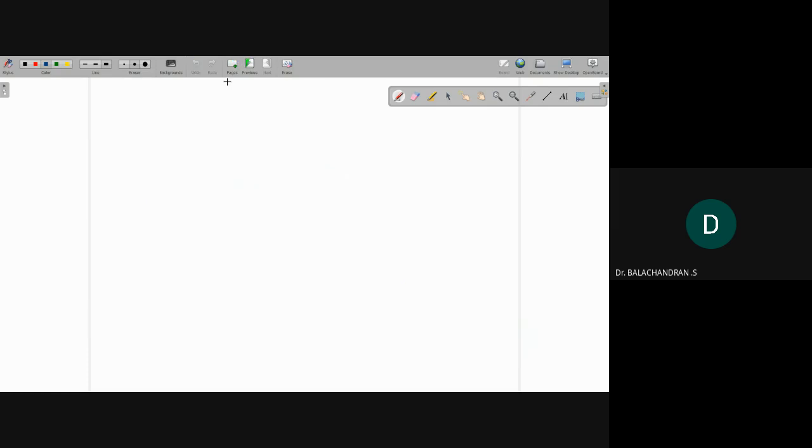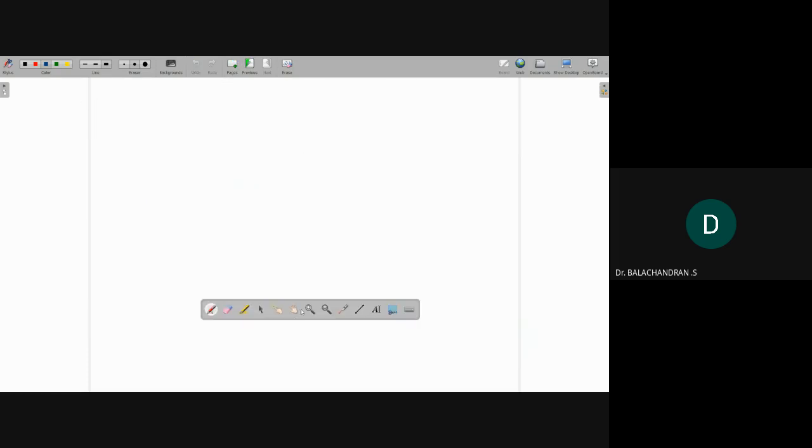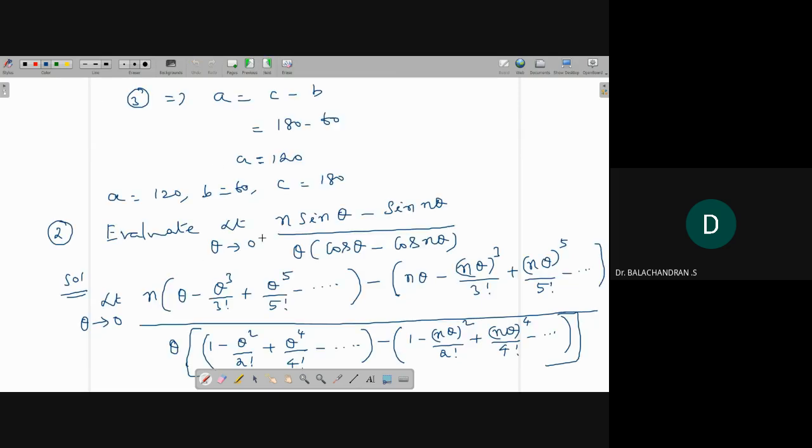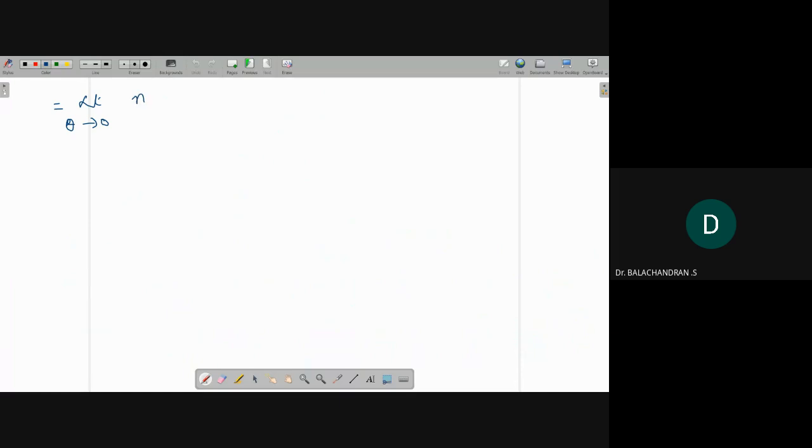I will write the limit as theta goes to 0 of n theta minus n cube theta cube upon 3 factorial, plus n power 5 theta power 5 upon 5 factorial, minus and so on. Okay, thank you, Shiva. Continue.